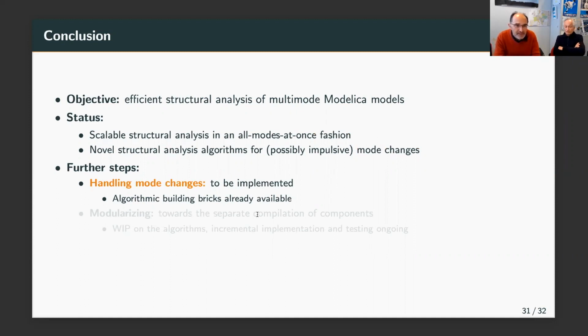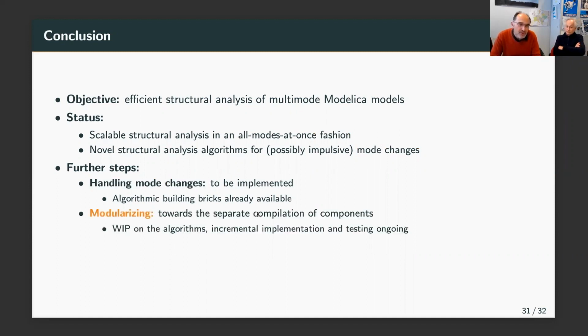And we are also working on a modular version of our multimode structural analysis algorithm. By modular, I mean that you can perform structural analysis independently on parts of your model, and then combine the partial results in order to obtain a structural analysis of the whole model.